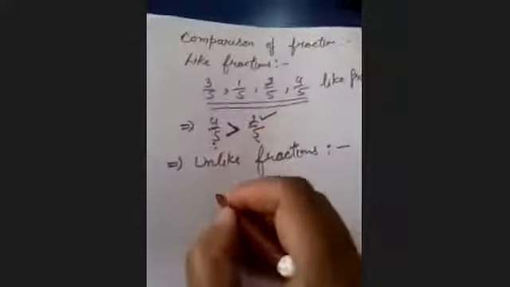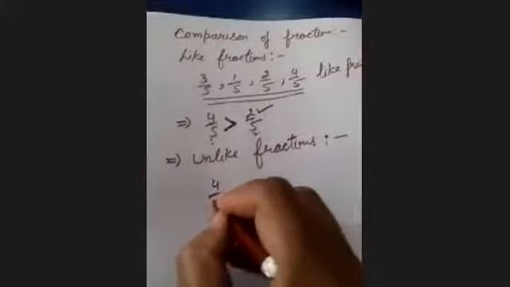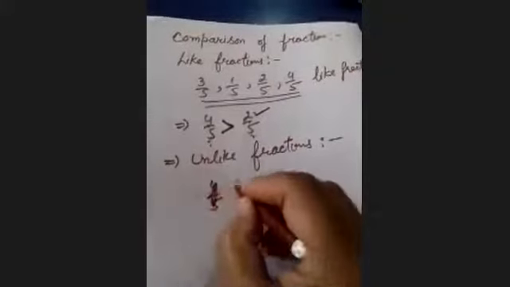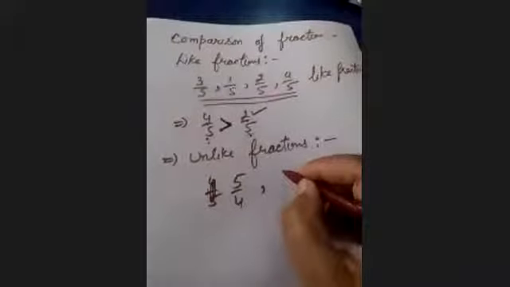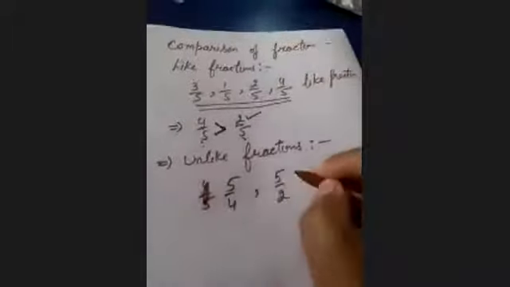For example, we have 5 upon 4 and 5 upon 2.